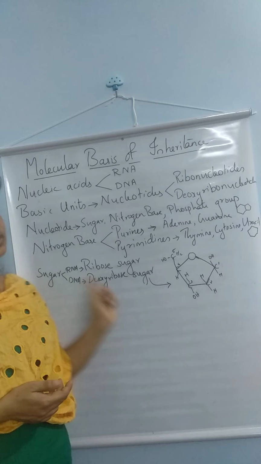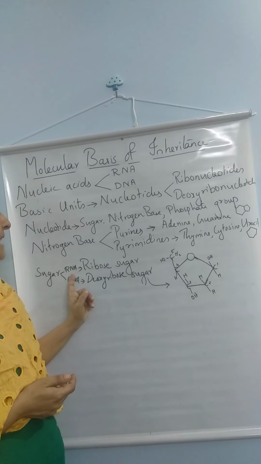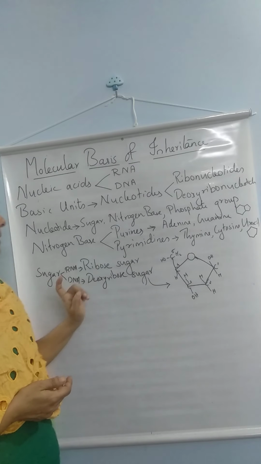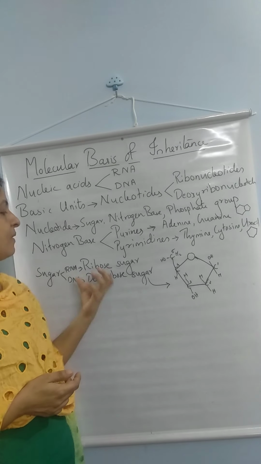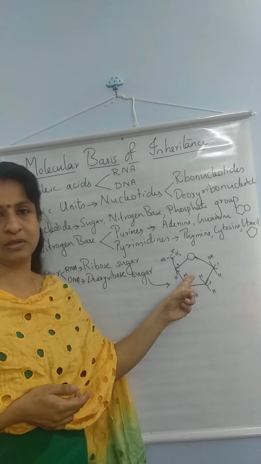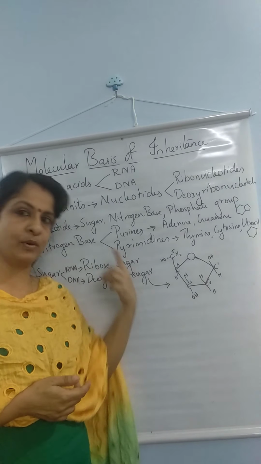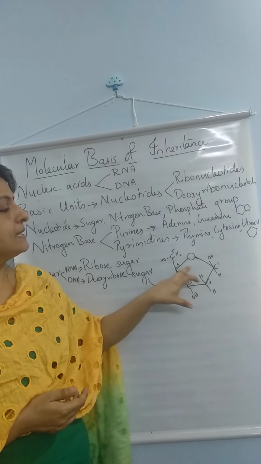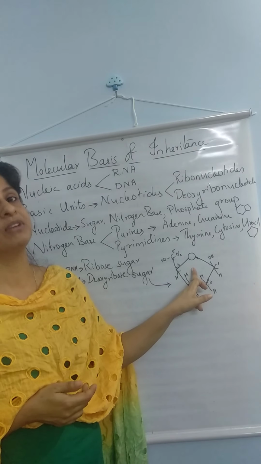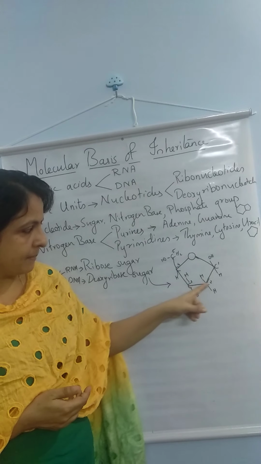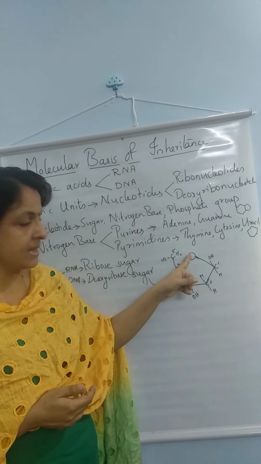Now coming to the sugar molecule. RNA is having ribose sugar and DNA is having deoxyribose sugar. So we will take deoxyribose sugar first and we will explain about the ribose sugar also. So this is called a ribose sugar because it's having 5 carbon. So the 4 carbons are coming in the ring along with an oxygen.